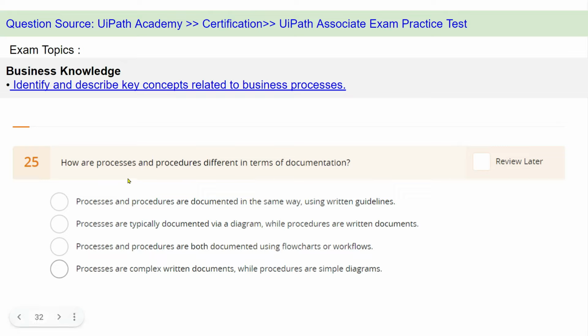How you will do task 1 is a procedure. How you will do task 2 is a procedure. Some guidelines are there. So these procedures will always be written in a document, a written document. Processes can be a diagram. So if you go through all the options, the right answer is processes are typically documented via diagram, while procedures are written documents. Okay, this should be your answer.